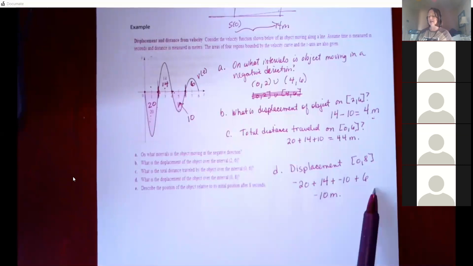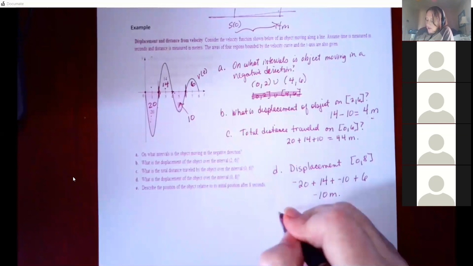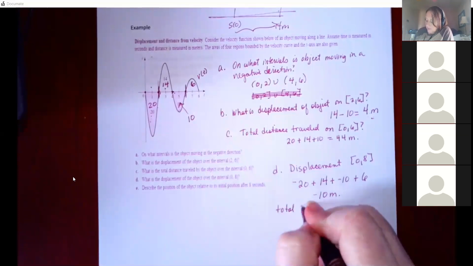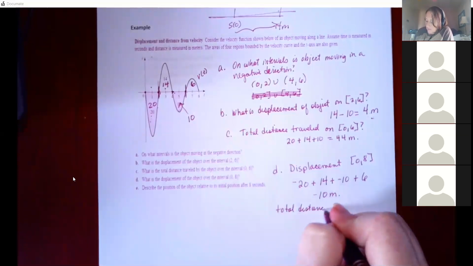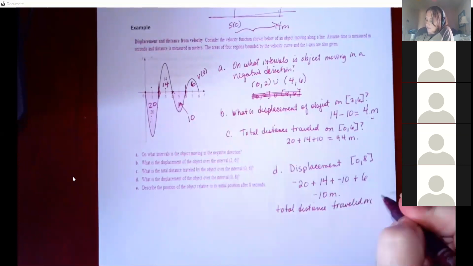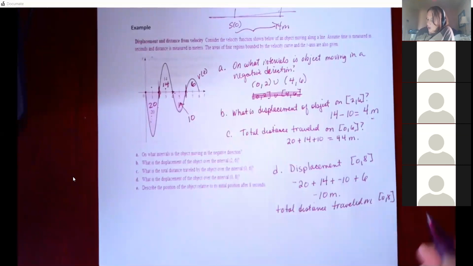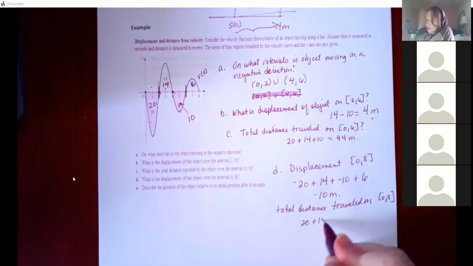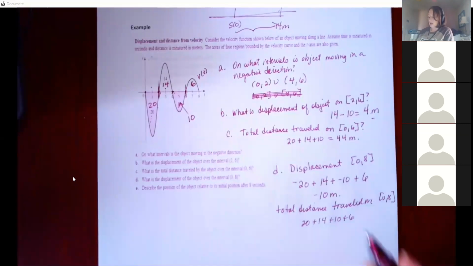Instead of subtracting these, we would add them all together, because we would be doing the integral of the absolute value. So if I needed total distance traveled on 0 to 8, we would have 20 plus 14 plus 10 plus 6, or what, 50?